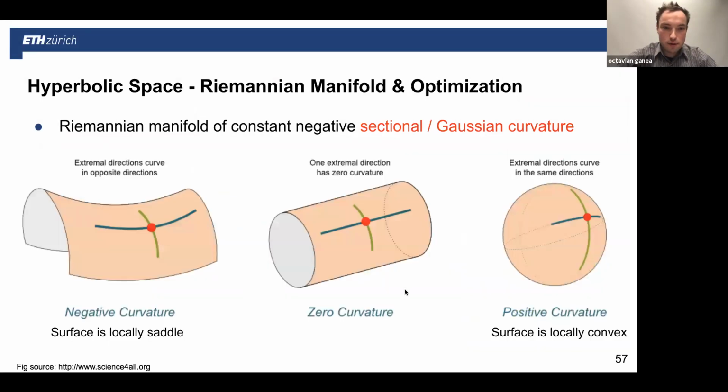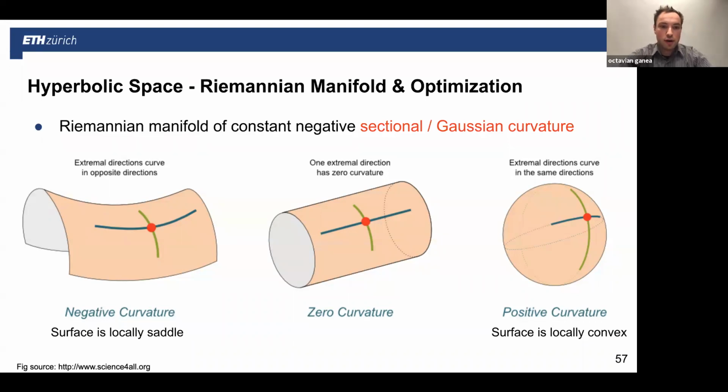Actually, I have more examples. Here we can see three examples of constant Gaussian curvatures. Constant means that at every red point it is the same value. On the left side, you can see a negative curvature where the surface behaves locally, at every point, like a saddle.